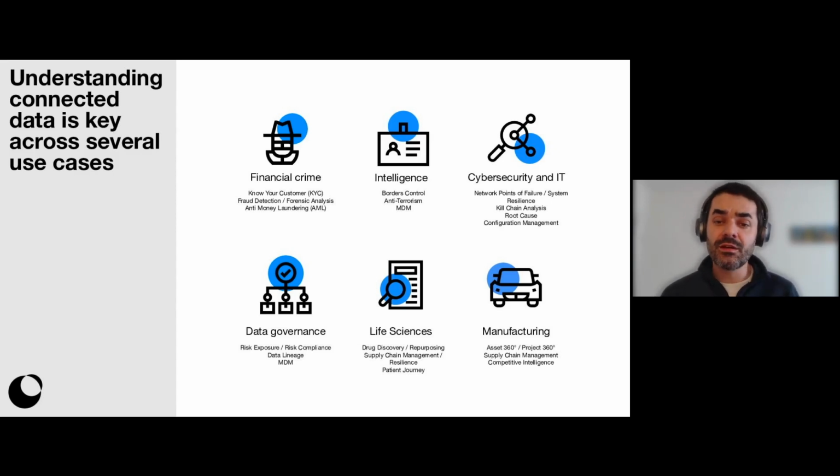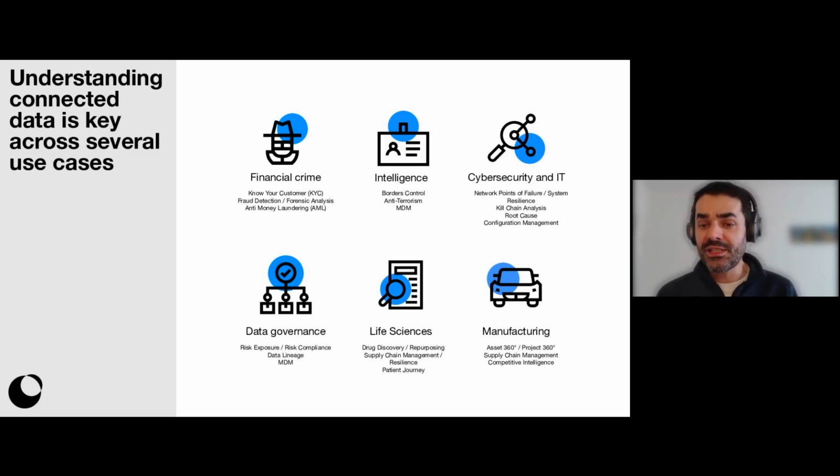So once again, going through the various use cases, the various domains that I mentioned earlier. So in financial crime, it can be related to know your customer, KYC. The understanding of entities and relationships can also be of great value when it comes to fraud detection, forensics analysis, or anti-money laundering. In intelligence, the use cases range from borders control to anti-terrorism and master data management.